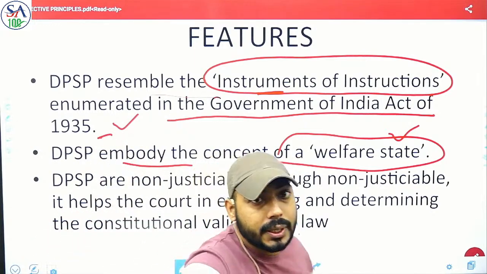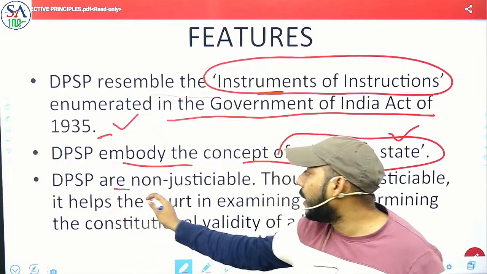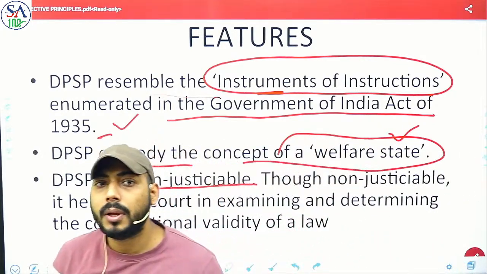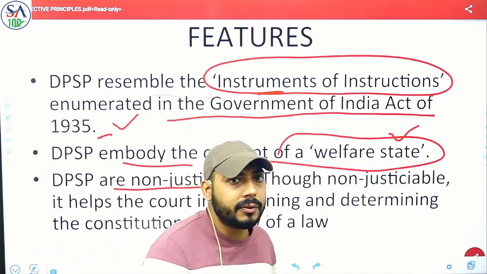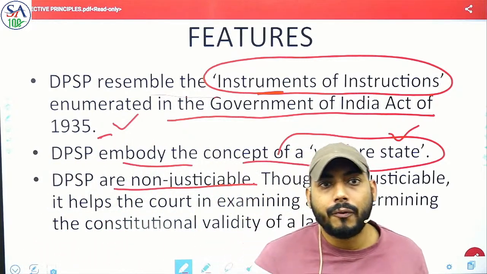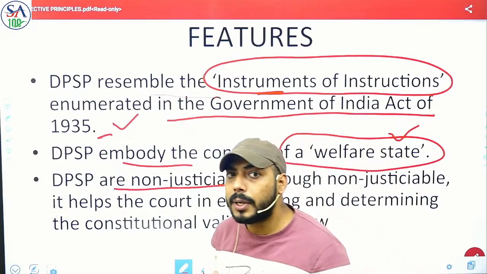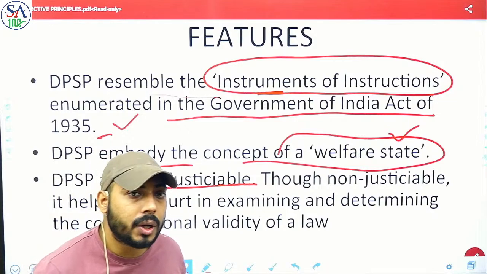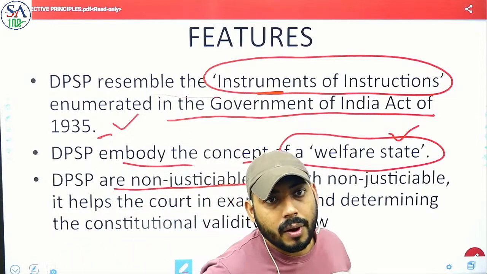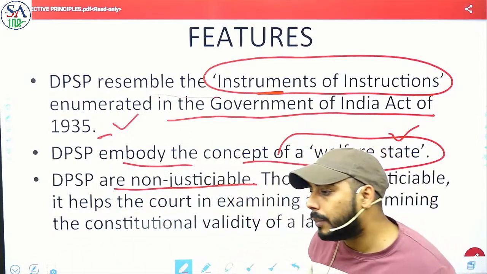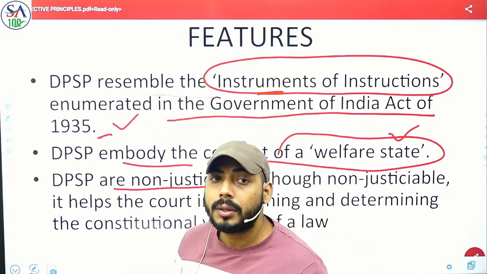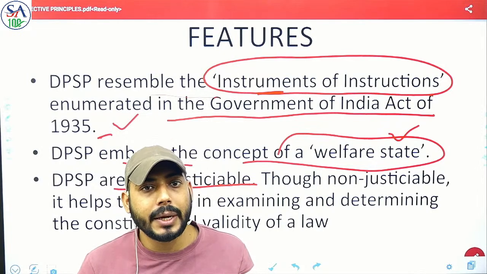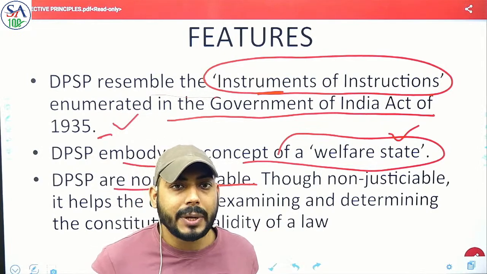Next important thing is DPSP are non-justiciable. What does it mean? If you have seen my last lecture on fundamental rights, then it will be quite clear to you what justiciable means and what non-justiciable means. Here the word non-justiciable means that you cannot go to court and ask for the implementation of DPSP.